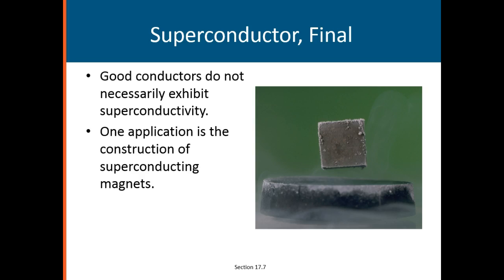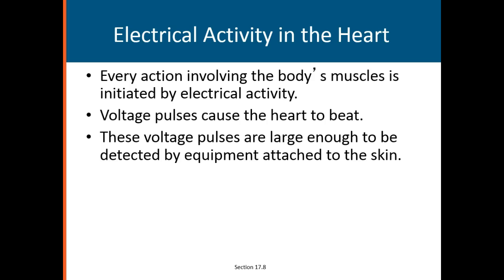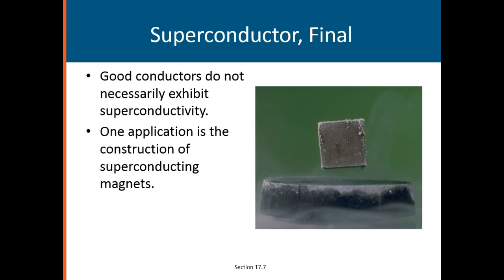Can anyone think of an application of this? Have you ever heard of the super train they have in Japan? I can't think of the name of it. They have an extraordinarily fast train in Japan. How do they make it go so fast? They basically run it on the track with a magnetic field through a superconductor.